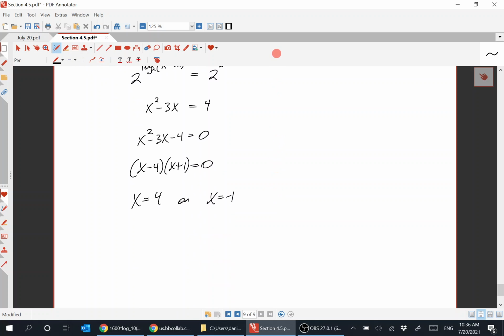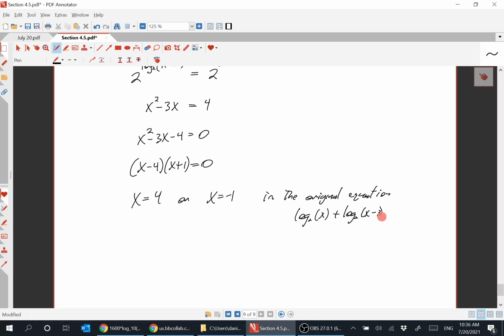So in the original equation, log base 2 of x plus log base 2 of x minus 3 equals 2, x equal to minus 1 is not in the domain of the two log functions.